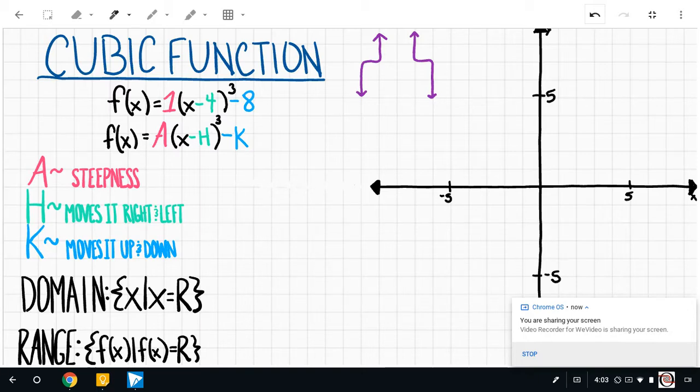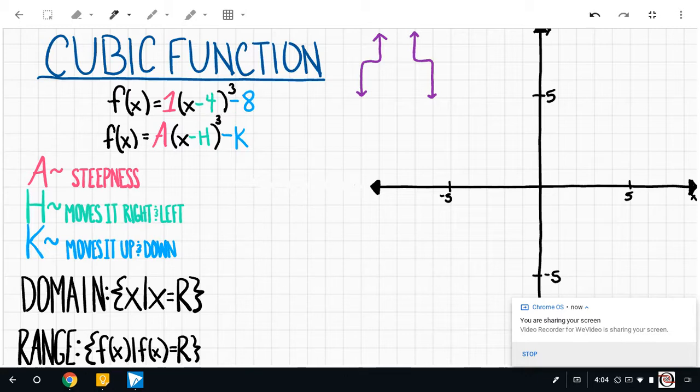So you might be wondering how to graph a cubic function exactly. Well, it's quite easy. To start off, you're going to have to think, what value of x will make this part 0?